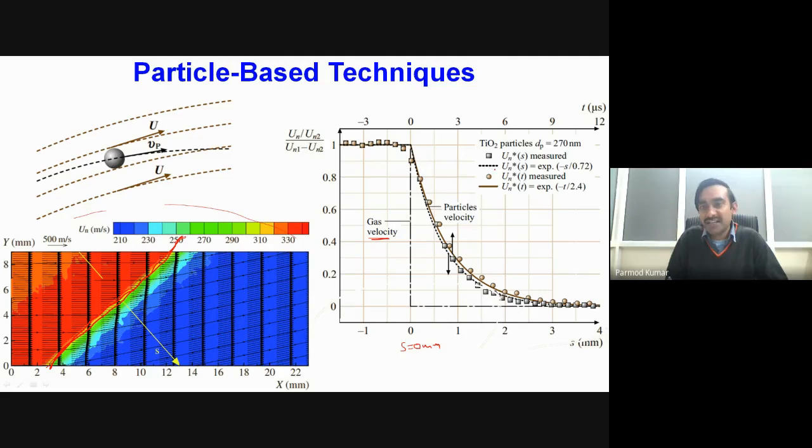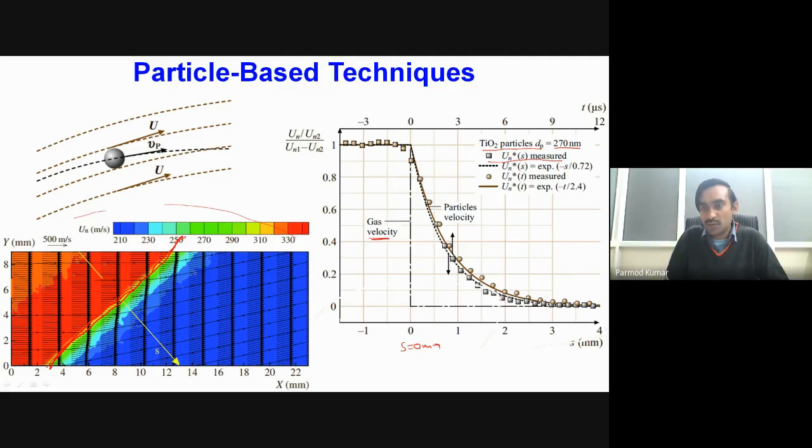Okay, now what has been done, different particles have been employed. For example, you can see we have employed TiO2 solid particles which were having a particle diameter of 270 nanometers in order to measure our flow field. You can see this particle is actually responding in an exponential fashion to the change in flow field. This is also the measured velocity field we have obtained using the particle.